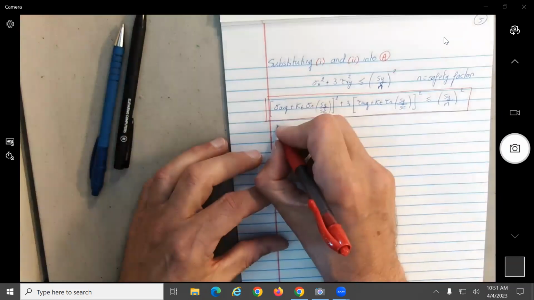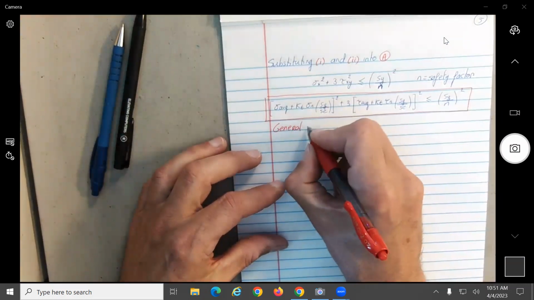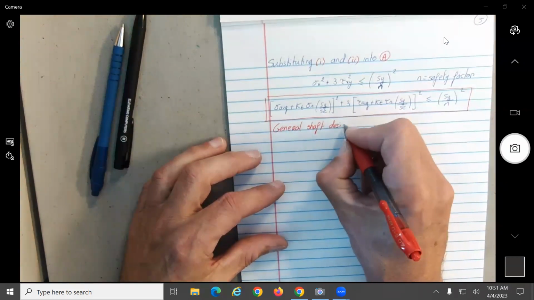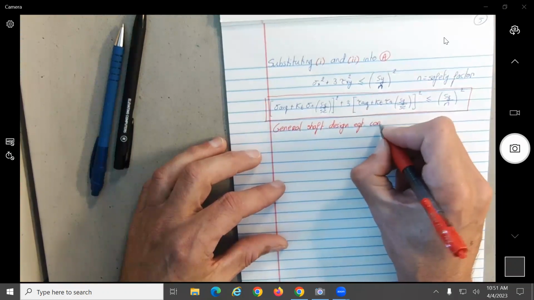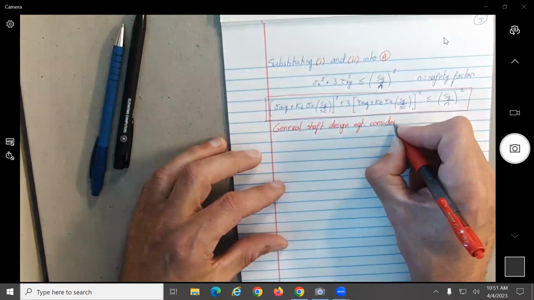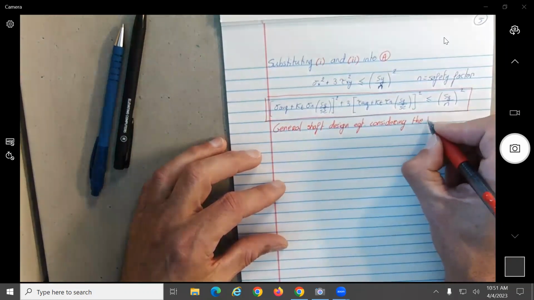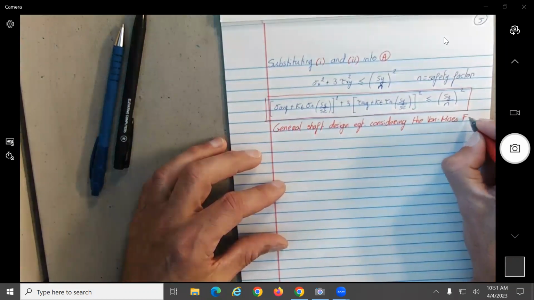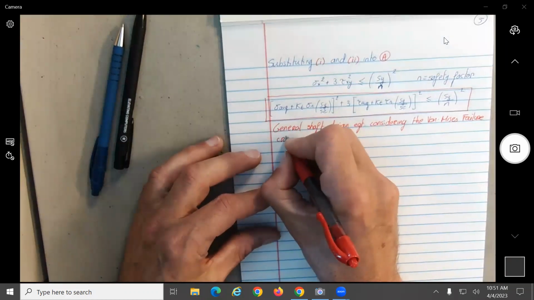Okay, so this is a general shaft design equation considering the von Mises failure criteria.